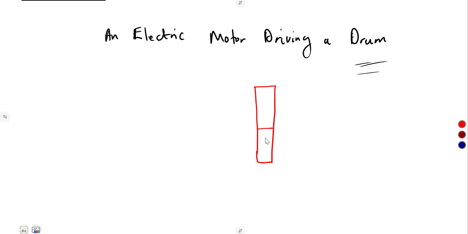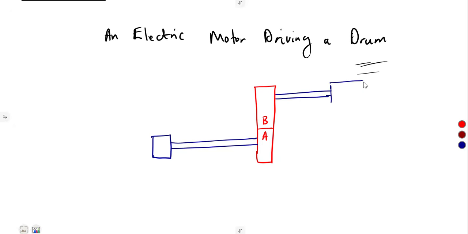But this time, you take your gear A and B, the motor connected to A, all right, so I'm just going to give you a basic view. The motor connected to A like this, then B to the drum. All right, so this is now to the output.